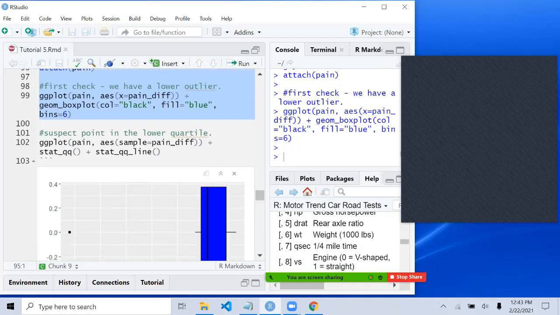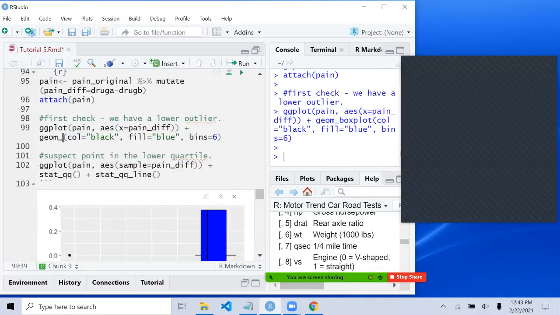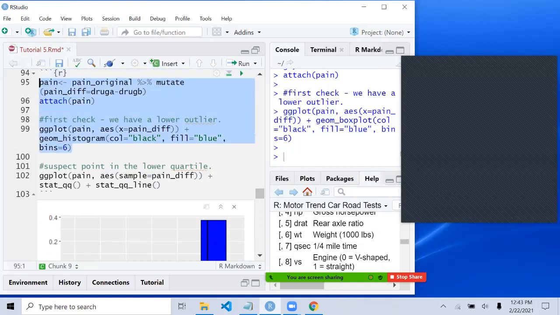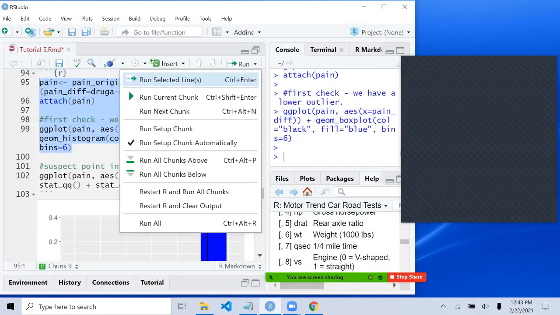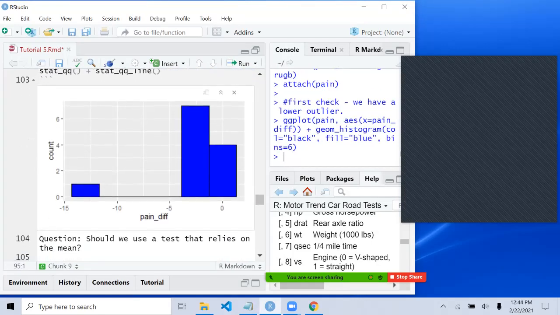So there's a reason why I didn't choose a histogram. If I choose histogram, you can see that not all demonstrations make sense, right? So what if I, for instance, put histogram? What happens? You get something that looks ridiculous. So sometimes not all displays make equal sense. Notice that because you only have 12 observations, you really get nothing about the shape of the distribution from looking at this histogram.